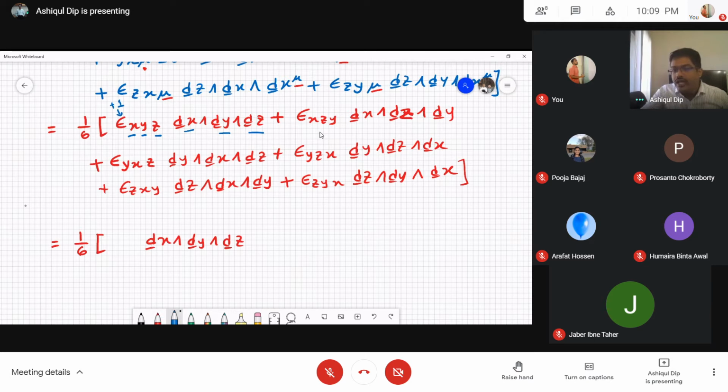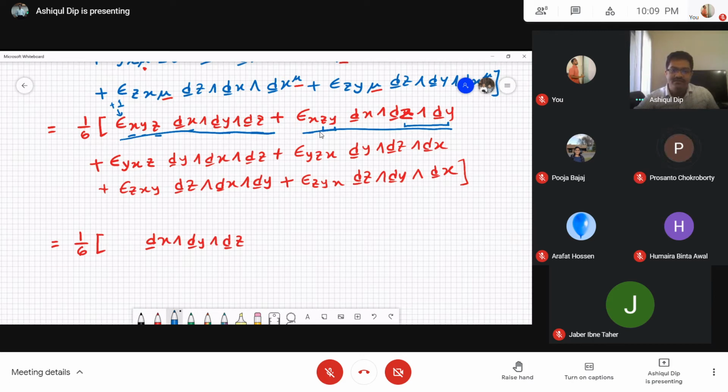If you switch these two wedge products, you get a minus sign, right? And also if you switch these two things, that will give you a minus sign as well. So overall it becomes plus, and this term and that term are the same term, repeated twice, written in two different ways.